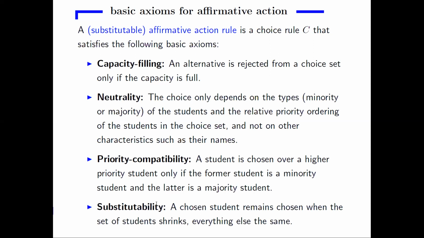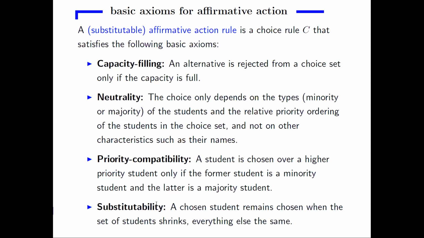And the final axiom is substitutability, which tells that a chosen student remains chosen when the set of students shrinks, everything else being the same. Put differently, if a student is chosen in a large choice set, and if he is available in a smaller choice set, then he will continue to be chosen.